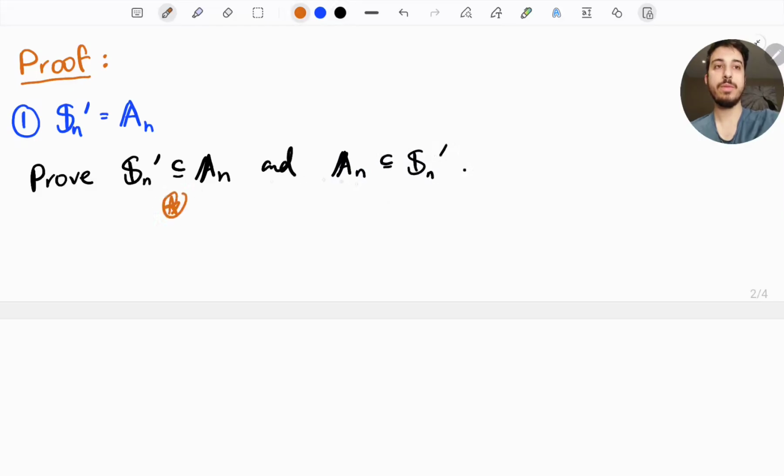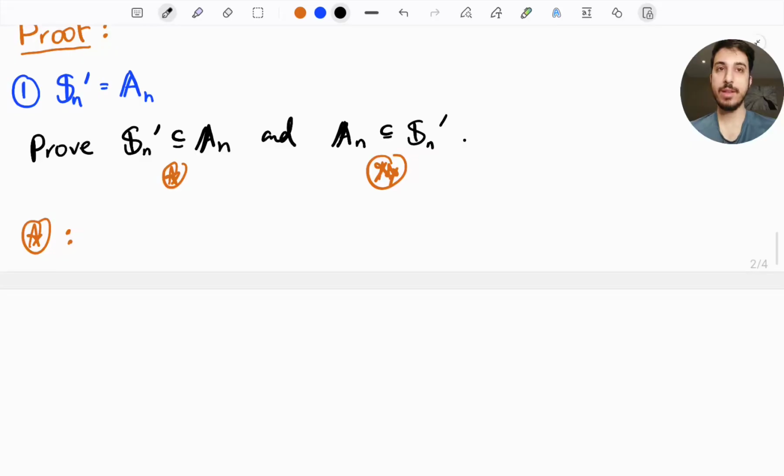So to prove the first inclusion, we're going to use the lemma that we've seen earlier in this lesson. The lemma says that if we can somehow prove that An is the kernel of some homomorphism, then Sn prime, the commutator subgroup, will be a subgroup of the kernel, which is An.